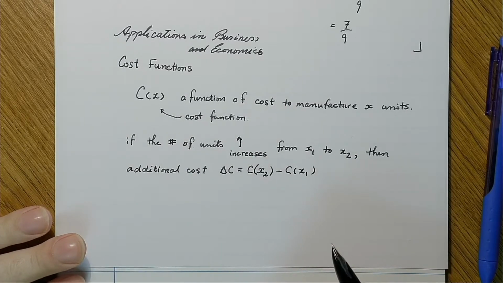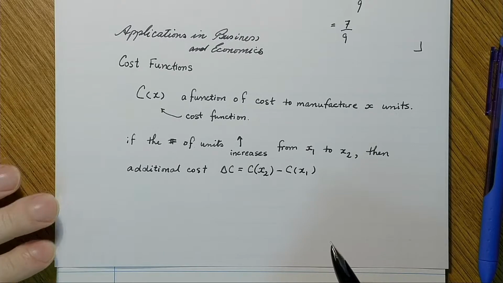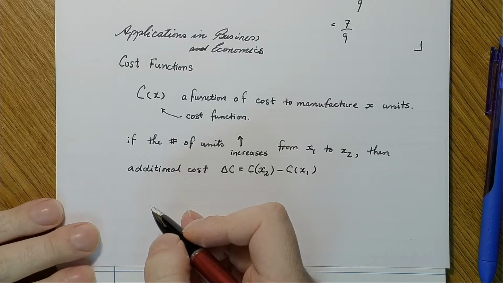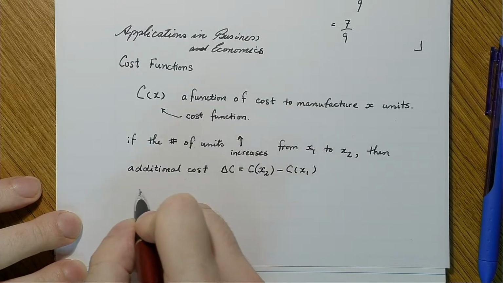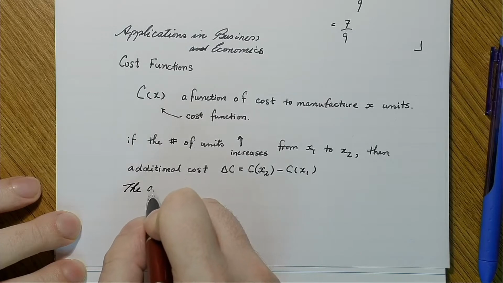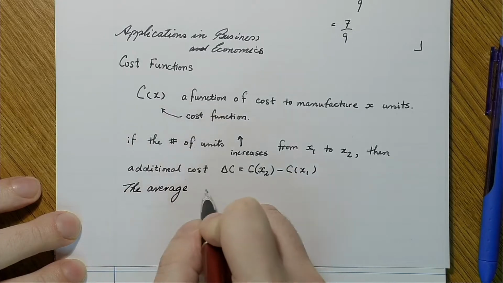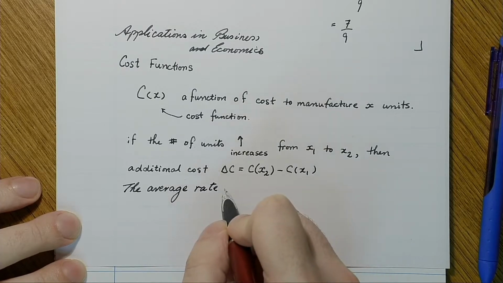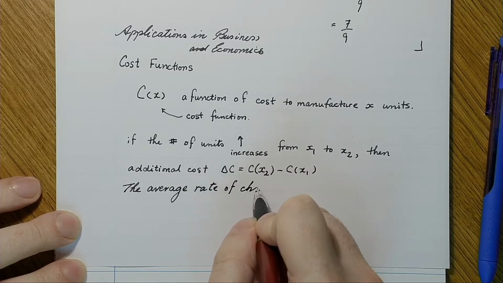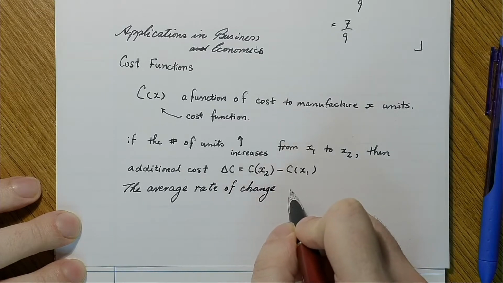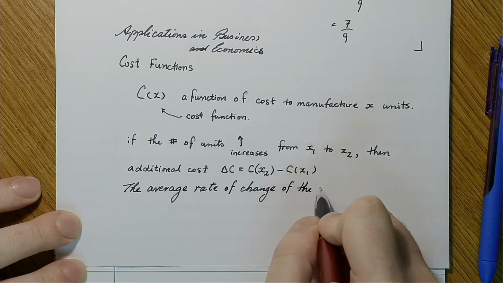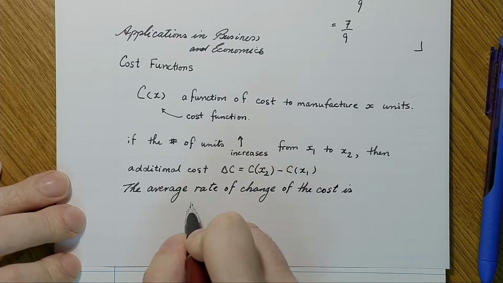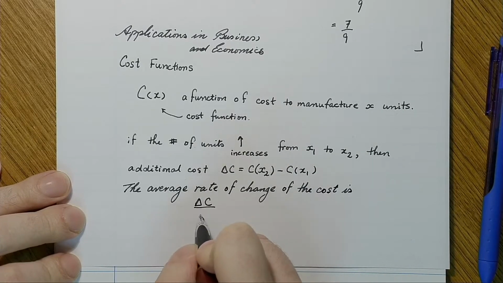And then since we're talking about rates of change, we can also look at the average rate of change between x1 and x2. So the average rate of change of the cost is the change in the cost over the change in the units.